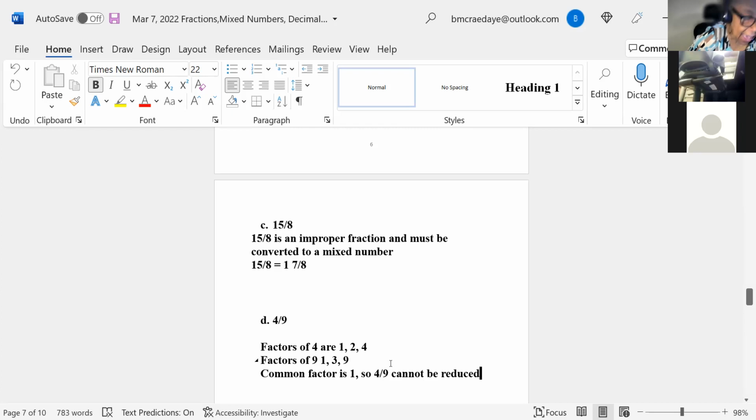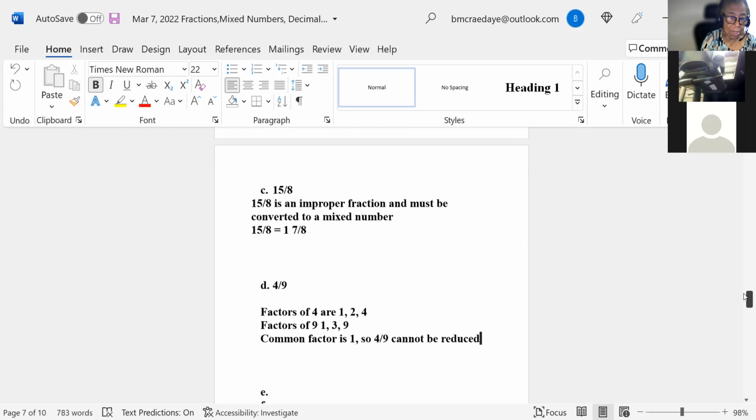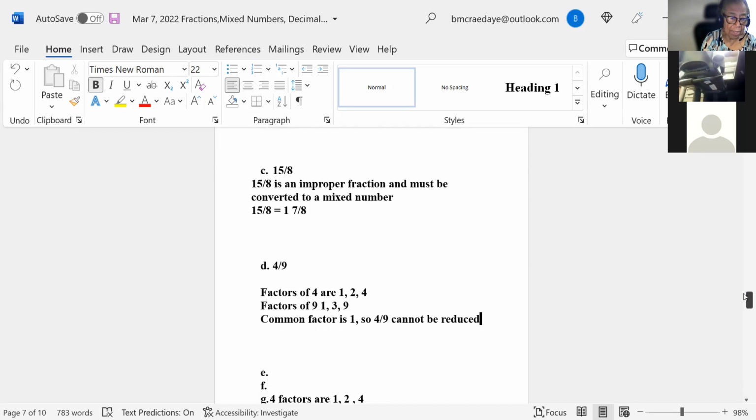It's already at its simplest form. Got it? Okay. So that's one where you can't really simplify it.